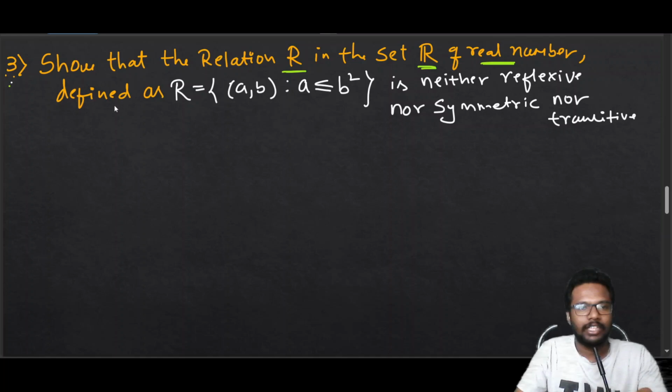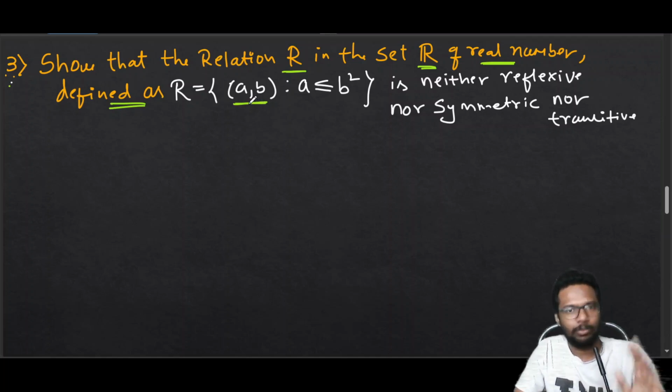The relation R is defined as the ordered pair (a, b). Here again they have given the ordered pair (a, b), which means a is related to b. How the relation exists between a and b is given in the next part: a is less than or equal to b squared.